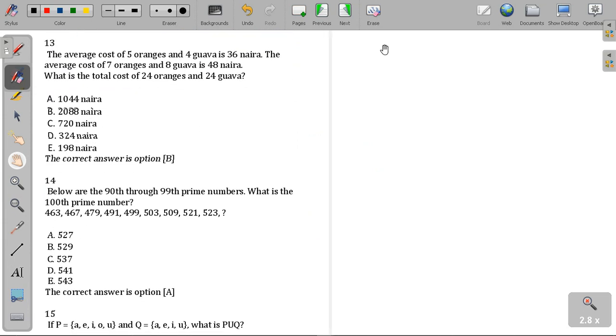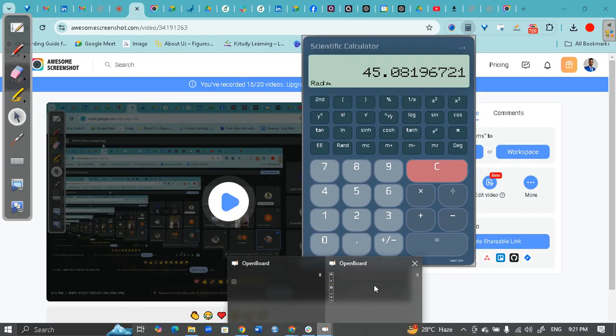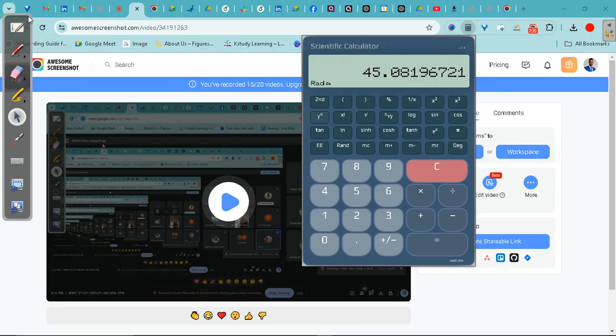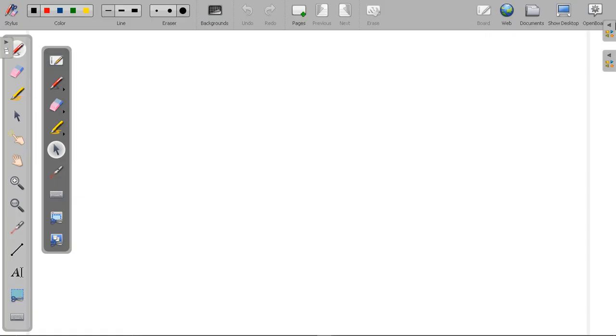Okay, now let's move straight to the next question. That's number 13. I don't even know which one to cancel like this. Is it this or this? Okay, I know what to do. I'm seeing two boards here. Can't even get it from here.